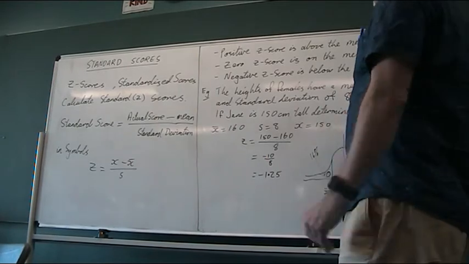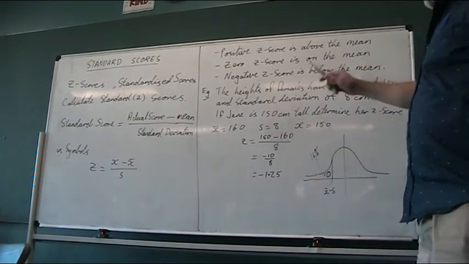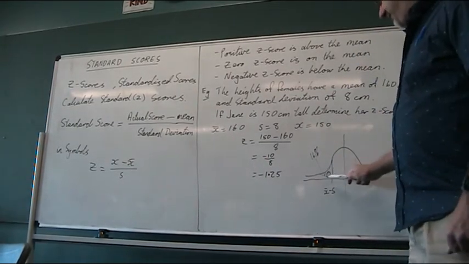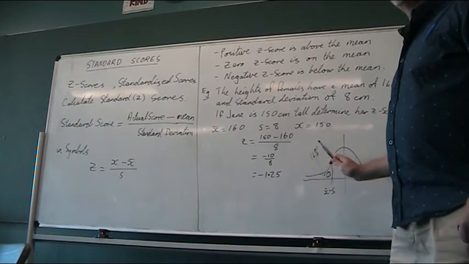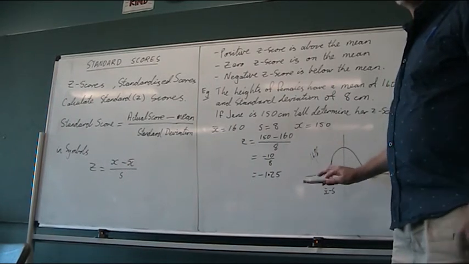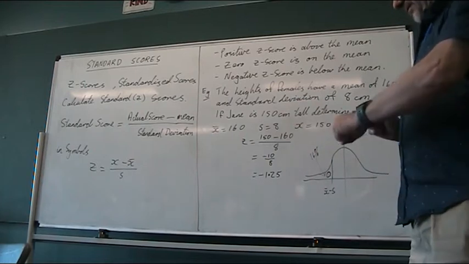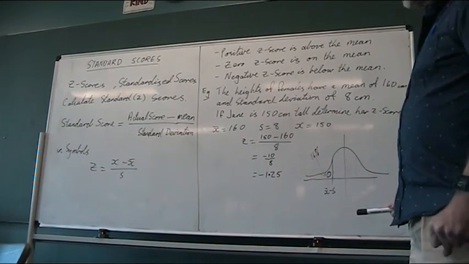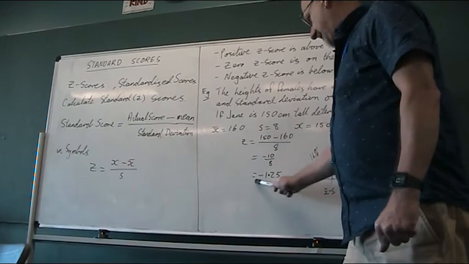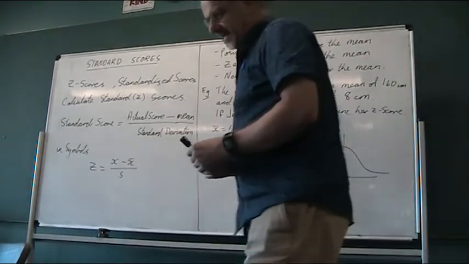So in terms of females, at 150, she's quite short in comparison to that whole population. So that's what our Z score is indicating.